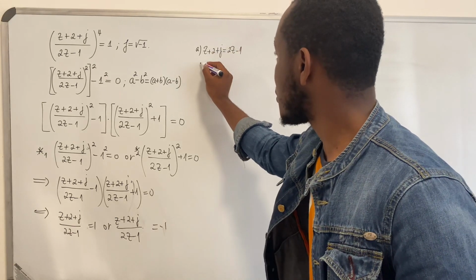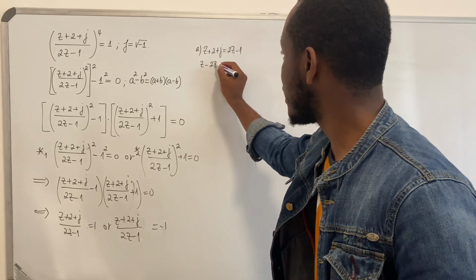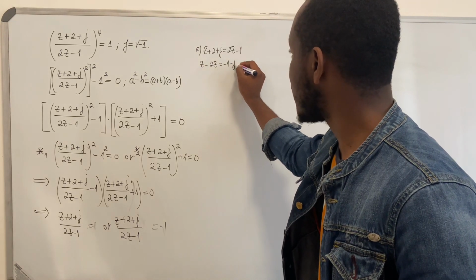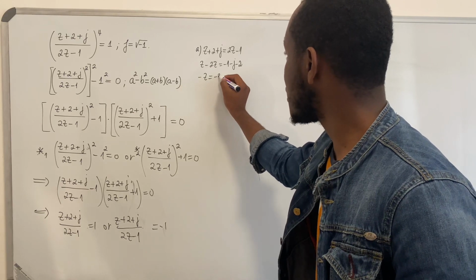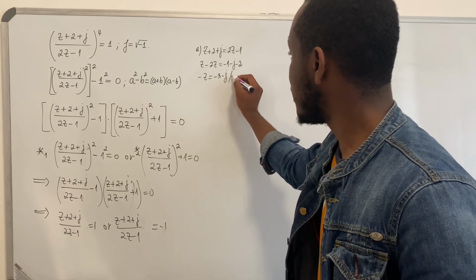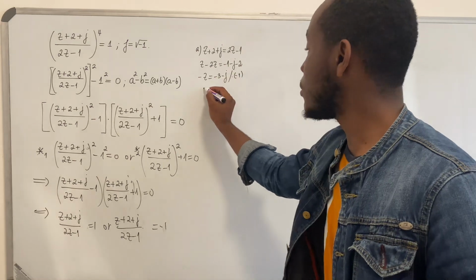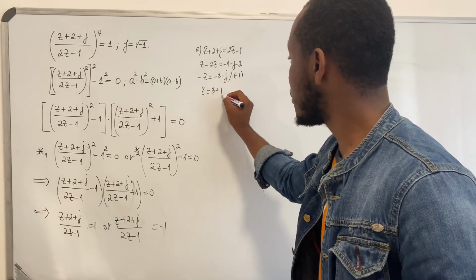So I send these expressions across, and I have z - 2z equal to -1 - j - 2. So -z will be equal to -3 - j. Multiplying both sides by negative 1, z will be equal to 3 + j.